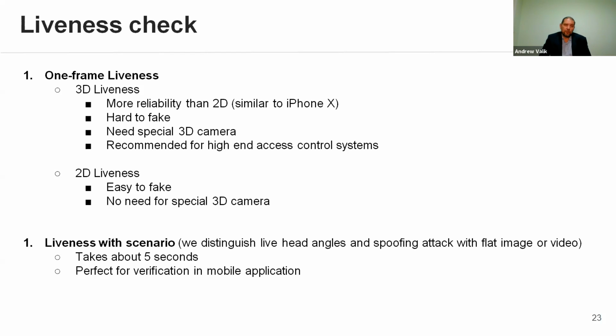So in this case, we recommend using 3D Liveness. We have experience in such solutions where face identification with Liveness takes less than 1 second, with a big flow of people at the entrance, and it's hard to fake, and we recommend it for high-end access control systems.